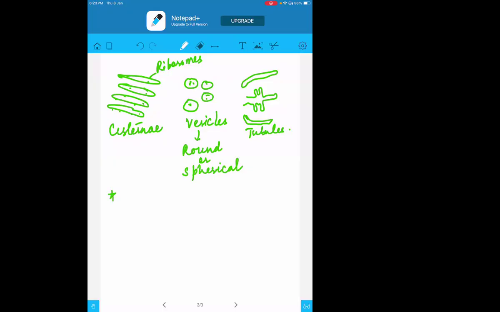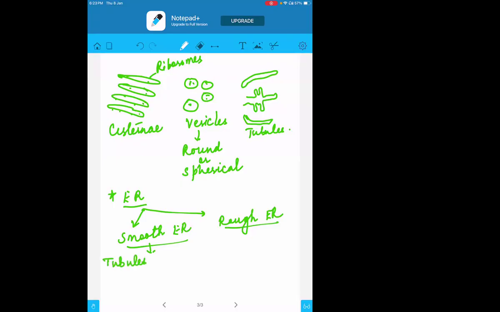Now the ER is divided into two types: the smooth endoplasmic reticulum and the rough endoplasmic reticulum. The smooth one is made up of tubules. Out of the three components, they will have mainly the tubules.